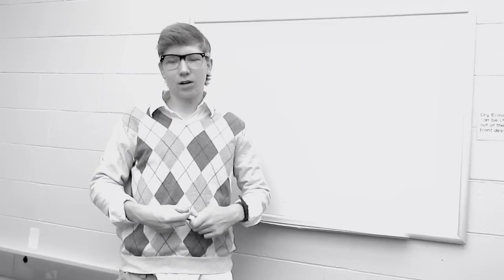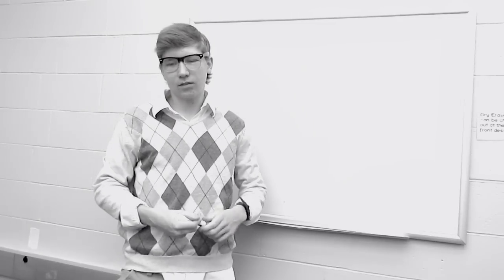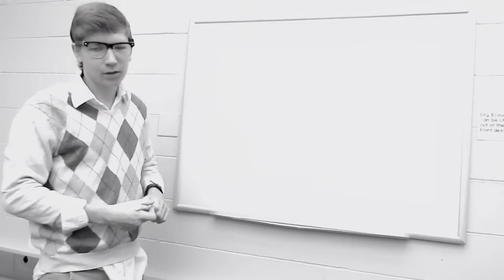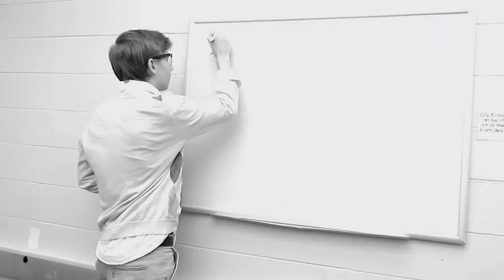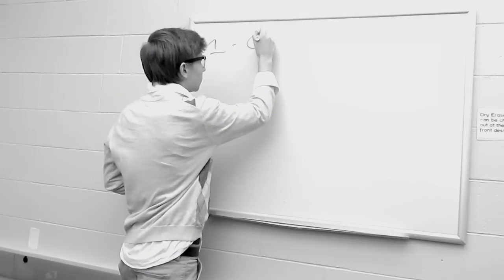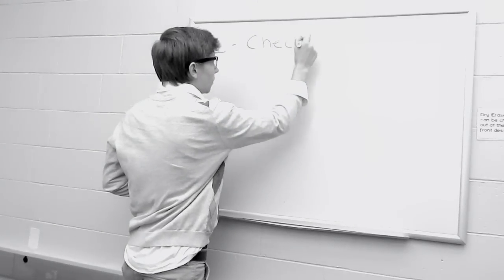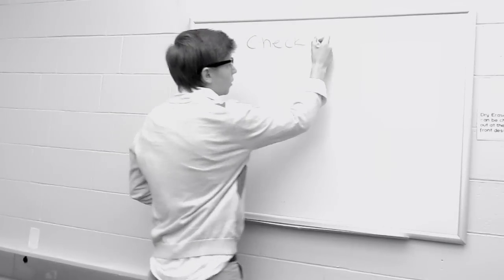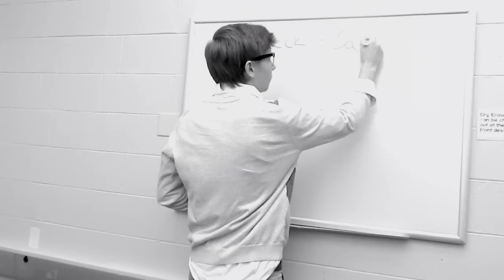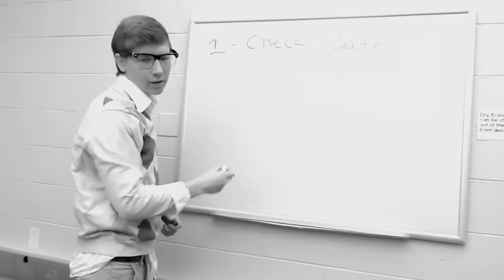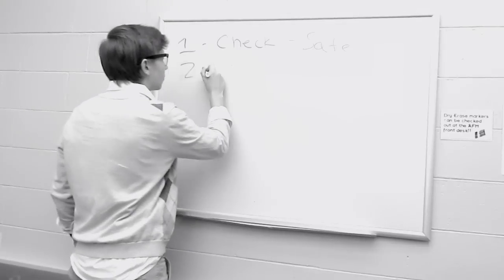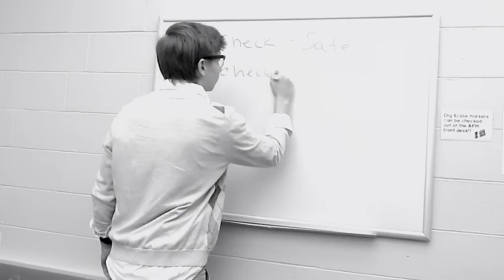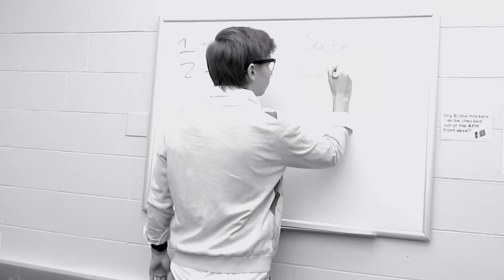Alright, now we are going to talk about the main basic steps of CPR. First step: check to see if the scene is safe. Second, you want to check your victim.